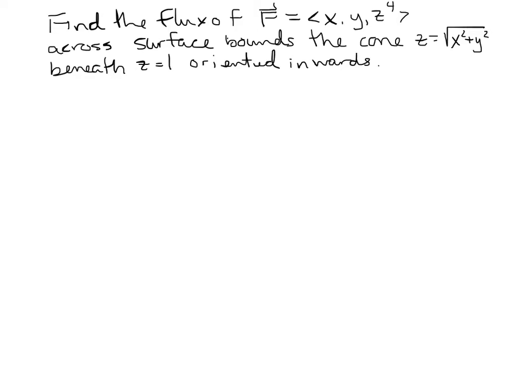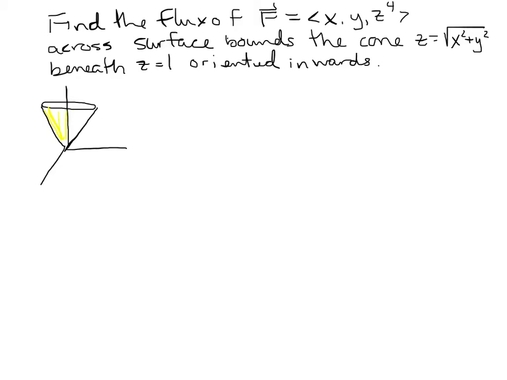All right, so if we draw this cone that is our surface, the surface bounds the cone beneath z equals 1. Maybe this isn't the best way to state it, but what I'm getting at is there are 2 different surfaces.